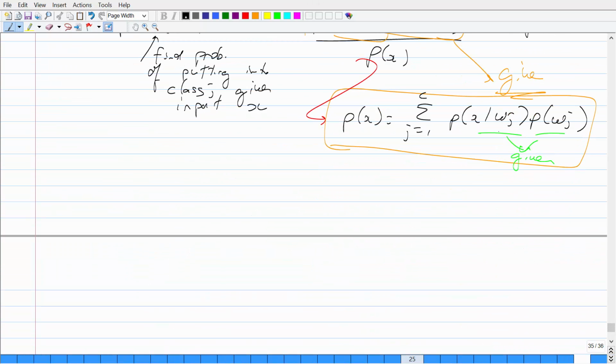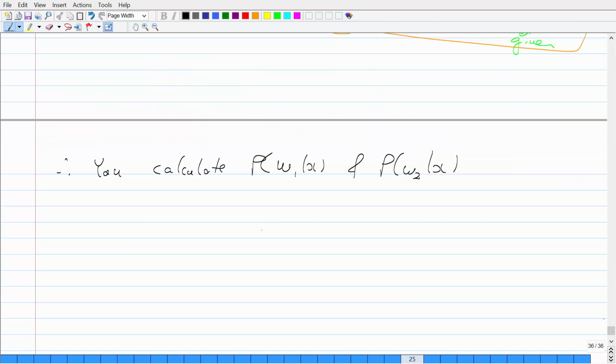Okay, that's good. I'm jumping all over the place. Therefore, you calculate the probability that it would belong to either class 1 or class 2, and choose the higher one.